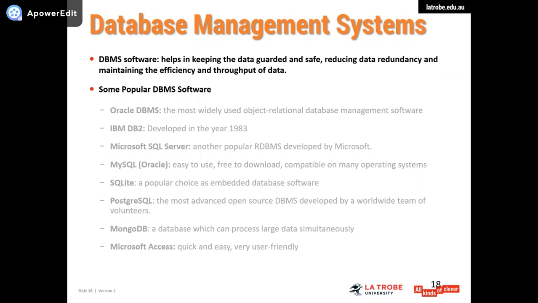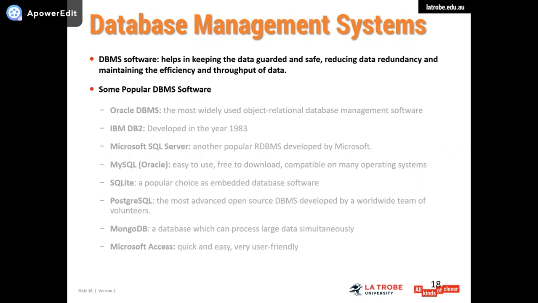Then there is SQLite. SQLite is one of the most popular choices for embedded database software, because in many embedded systems, memory and storage size is very limited and constrained. So traditional database software will be very hard to use in these small devices. SQLite is one of the best solutions in this scenario.